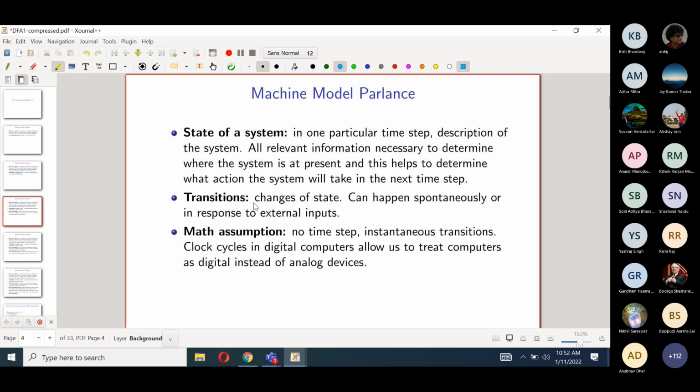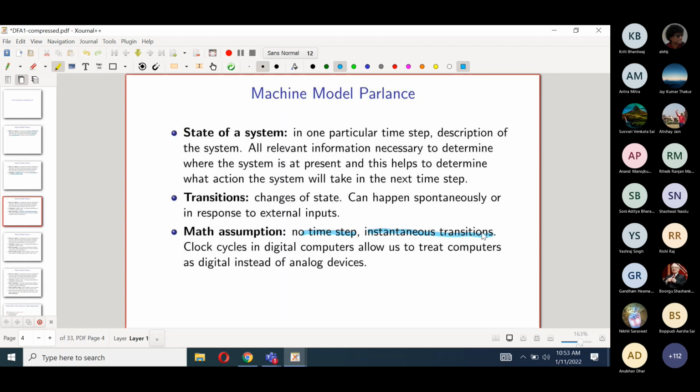There is one mathematical assumption that we will be making: at a particular time step, we are at a particular state. These transitions can be thought of as instantaneous, meaning that at a particular time step I am at, let's say, state 1, and in the next time step I will immediately go to state 2.